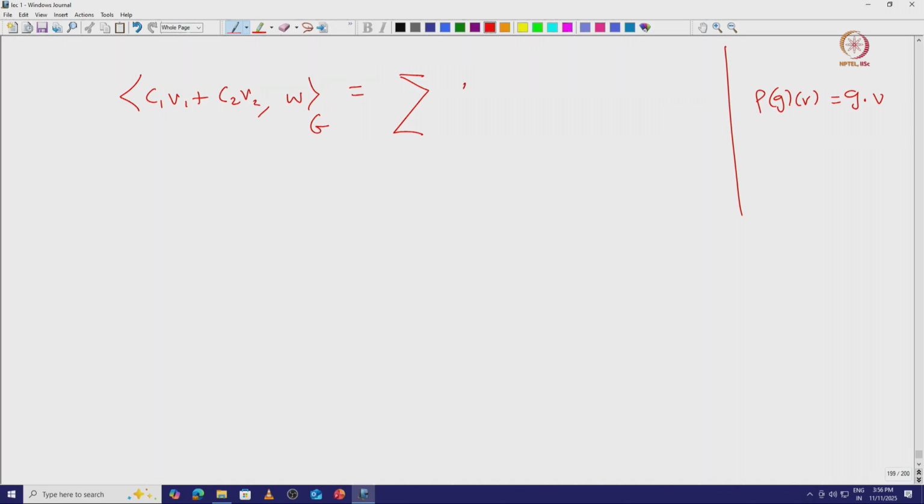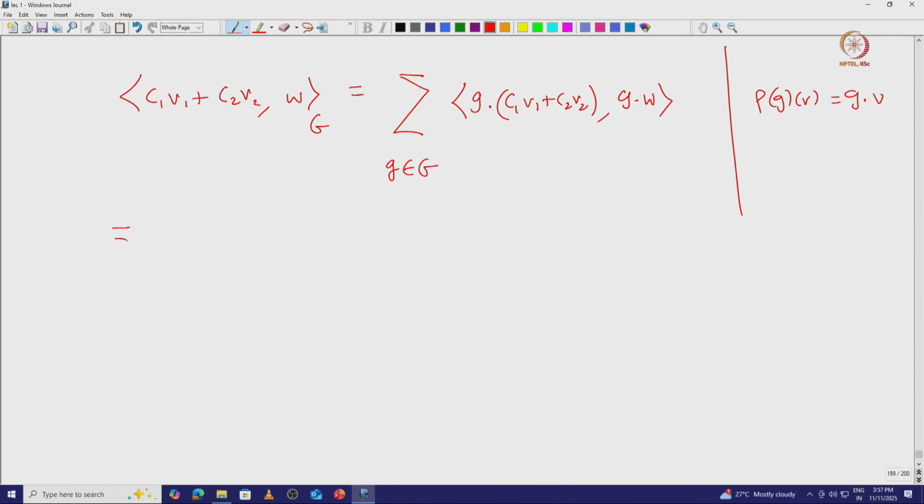So, then this is exactly the sum over g in G of g dot (c1 v1 plus c2 v2) comma g dot w, where the right hand side is the standard inner product.